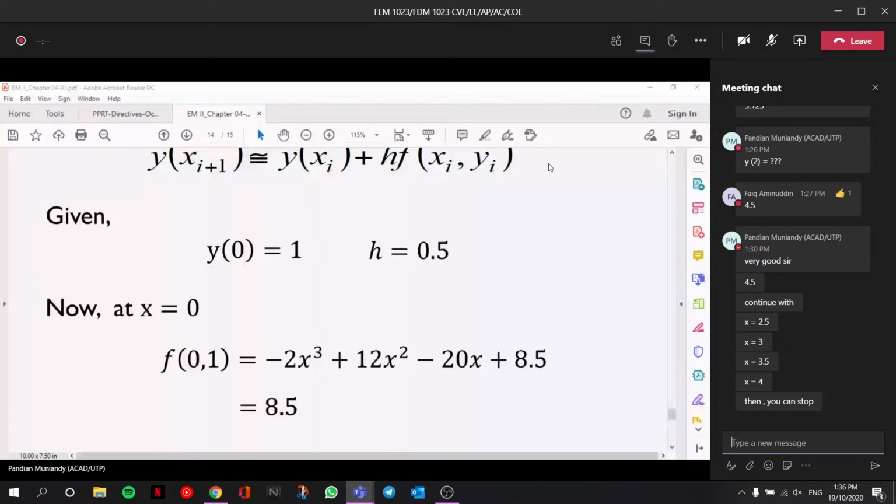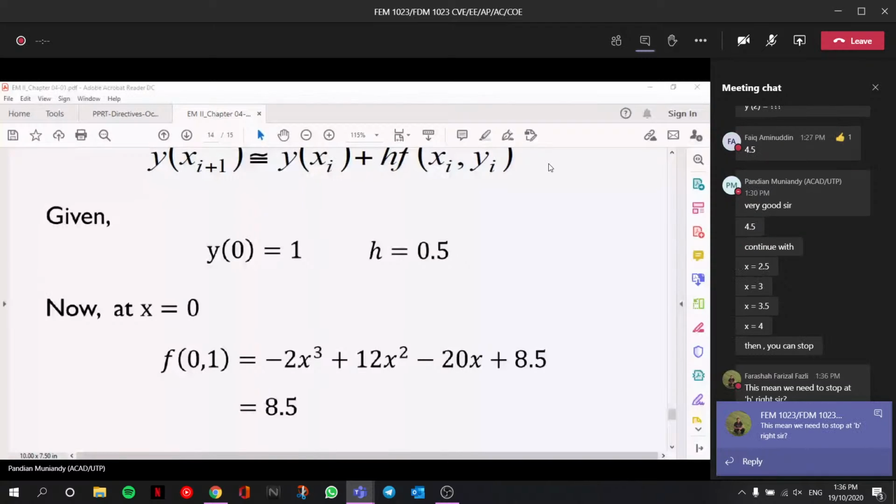But reasonably, we can do about 5 to 6 iterations. This is 8 iterations. Because if you stop at 3 or 4 iterations, we do not know whether this value is correct or not.